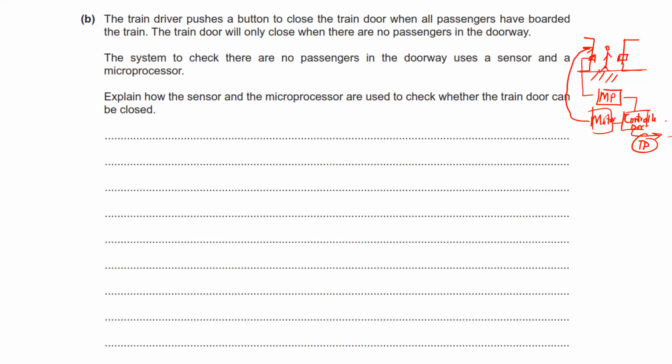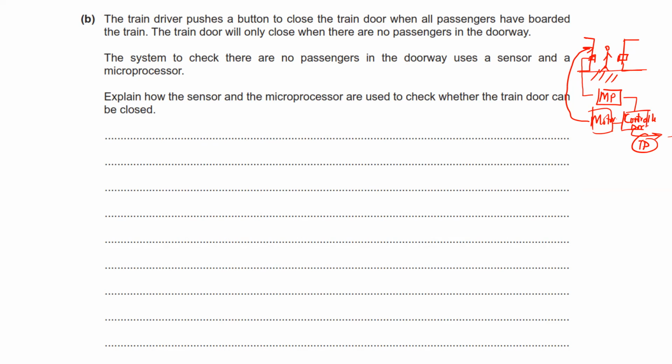This is what the complete architecture looks like. Once somebody is standing in the door, the sensor will sense the person and send information to the microcontroller, and that microcontroller will generate a signal that goes to the train driver, who is controlling the motor, saying there is a person, do not switch on the door.